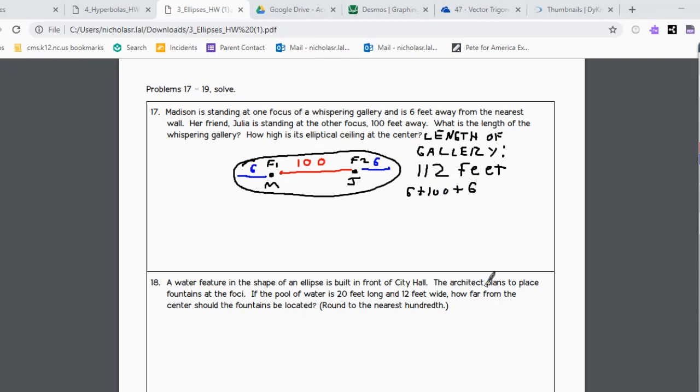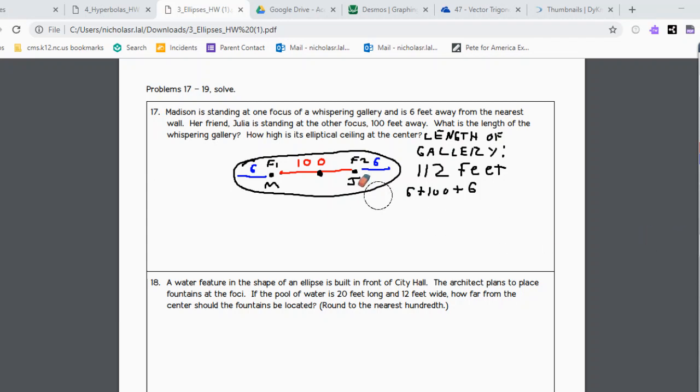All right. How high is the elliptical ceiling at the center? In order to do this, we need to figure out that the elliptical ceiling at the center is the distance from the center to our vertex at the top.